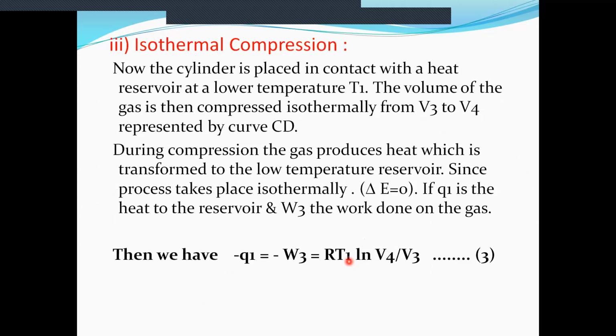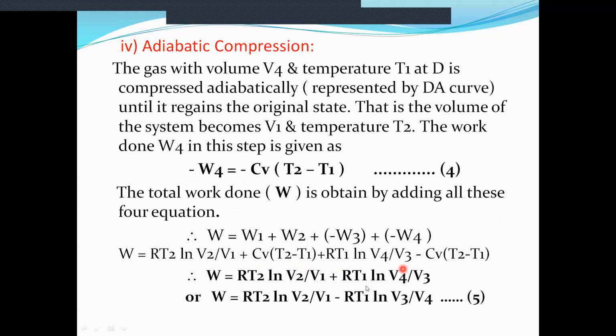Plus minus W3, which is the value of minus Q1, and the value of minus W3 is RT1 ln V4 upon V3. Now here is minus W4, and the value of minus W4 is minus CV into T2 minus T1.